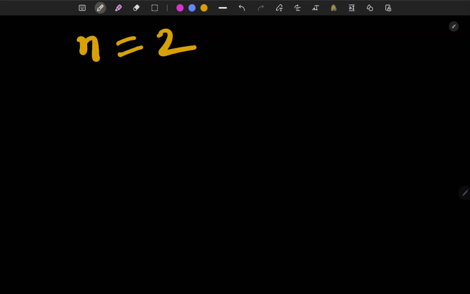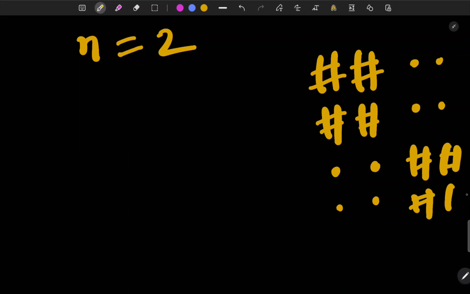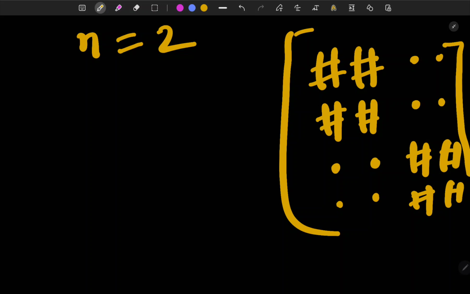Which structure should this matrix take? It should be 4 cross 4, and it should look like this. So basically, our matrix should look like this if n is equal to 2 is given to you. How will you construct this?